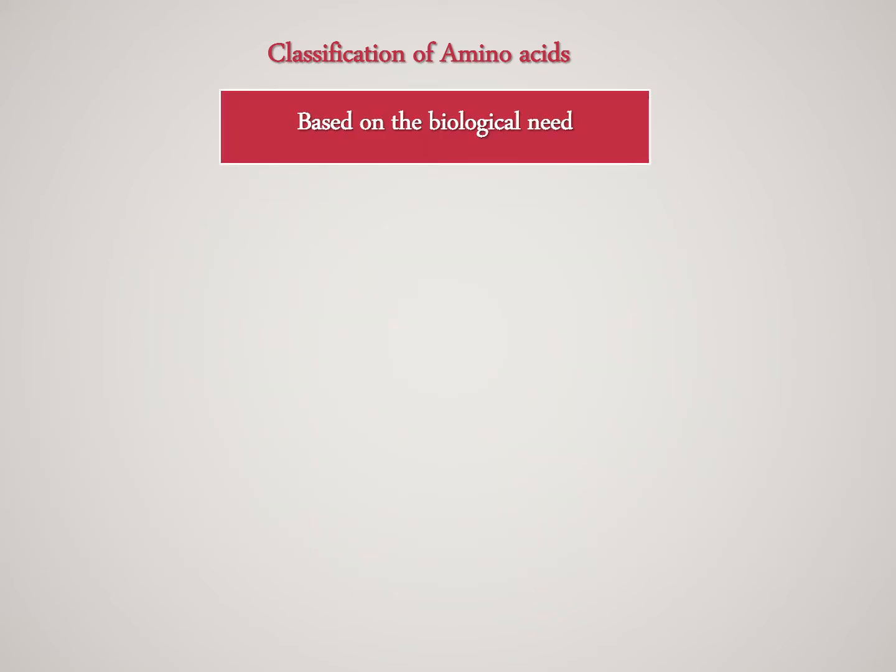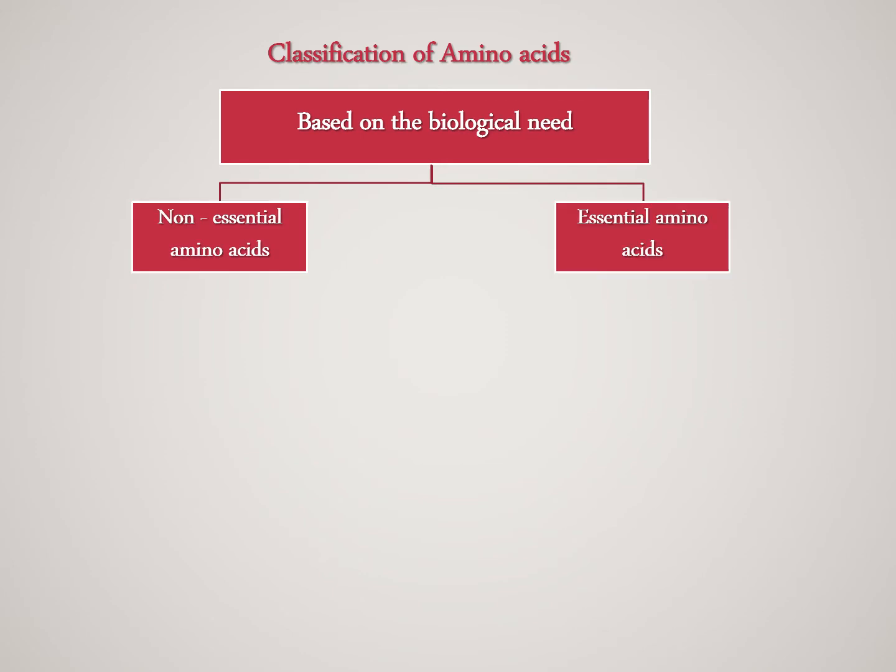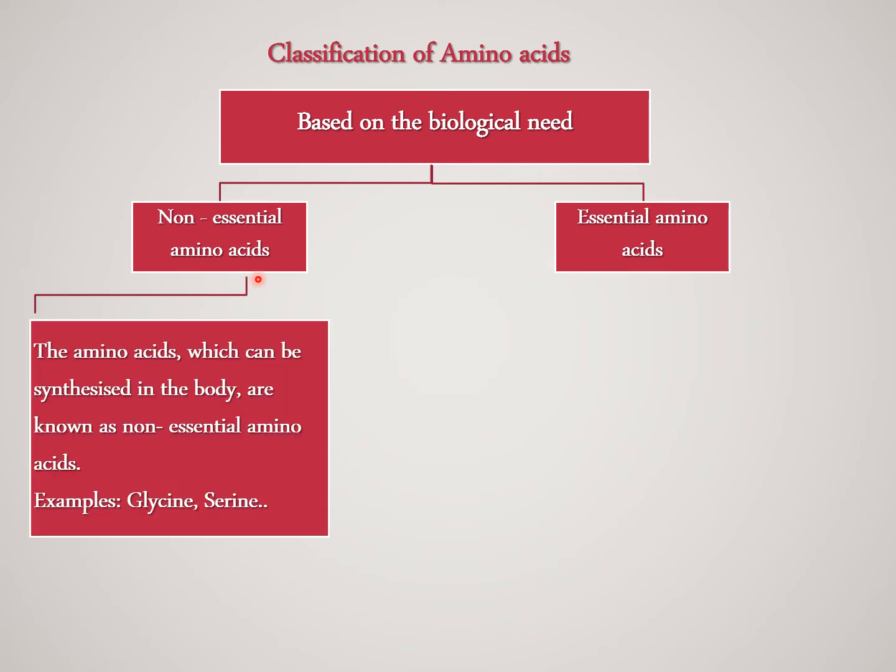Let us now talk about the classification of amino acids based on the biological need. So we are having two broad classes. One, essential amino acids, and the other, non-essential amino acids. Now let us talk about non-essential amino acids. Why do you call it like that?